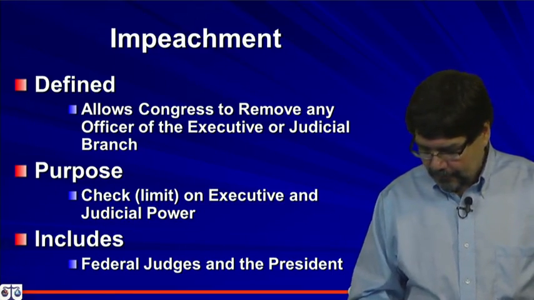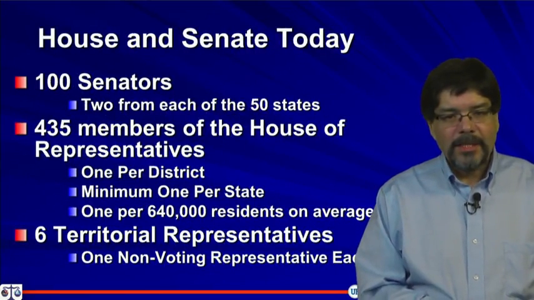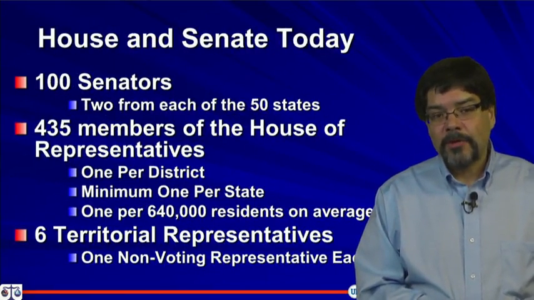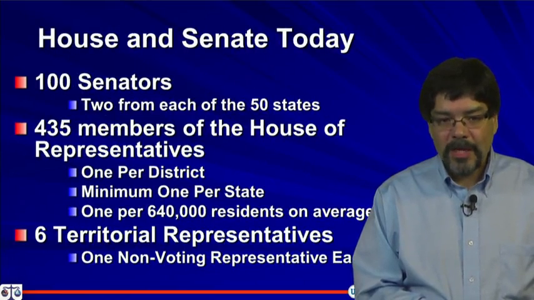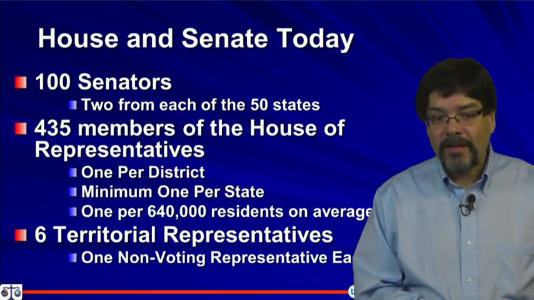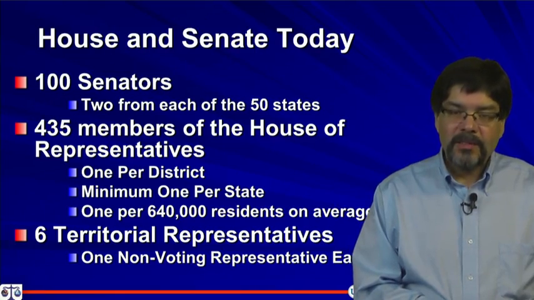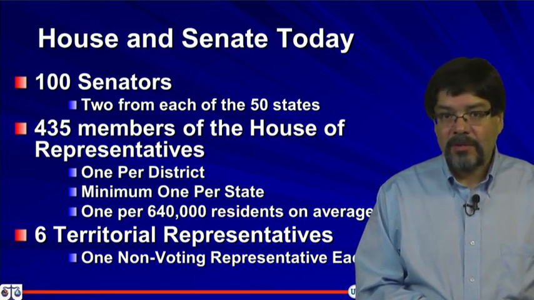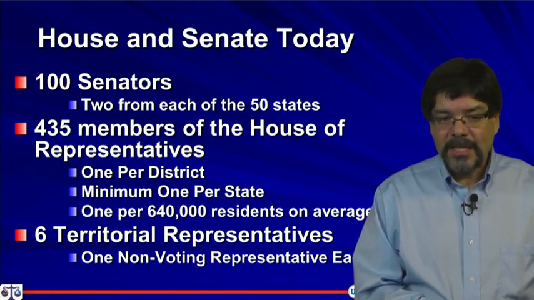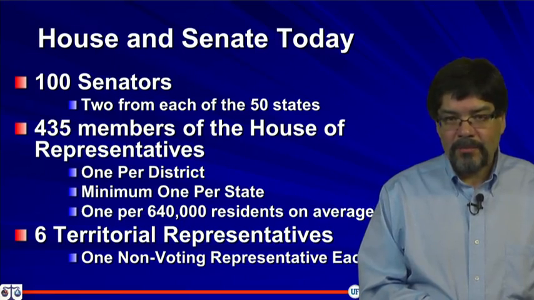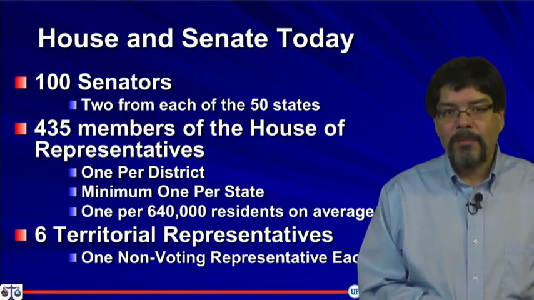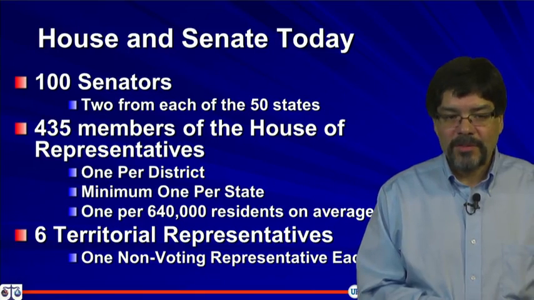The House and Senate today are composed of 100 senators, 435 members of the House of Representatives, one per district. There is a minimum of one representative per state, given that there are states that have less than 640,000 residents, which is the average number of people represented by a single representative.